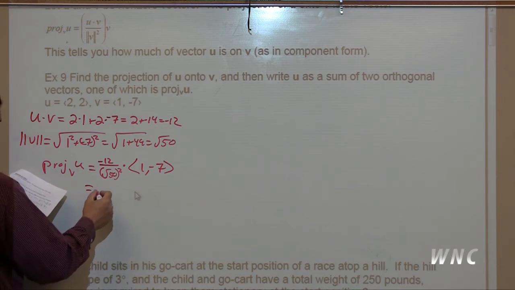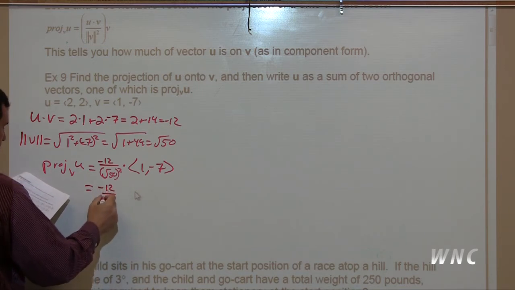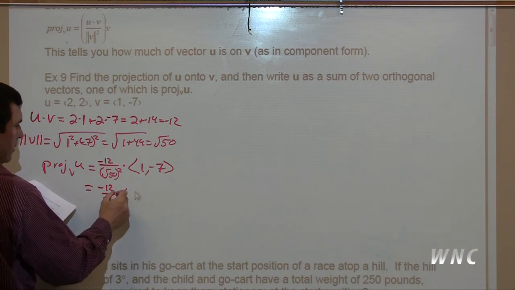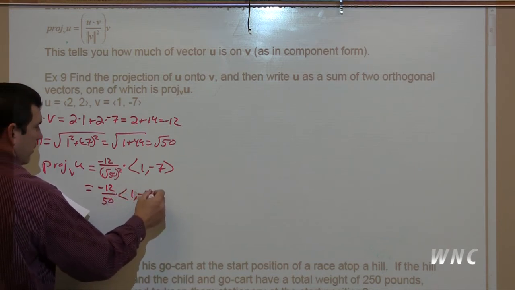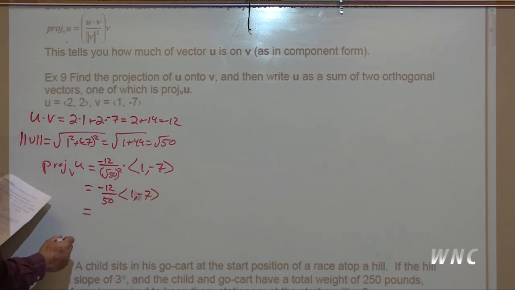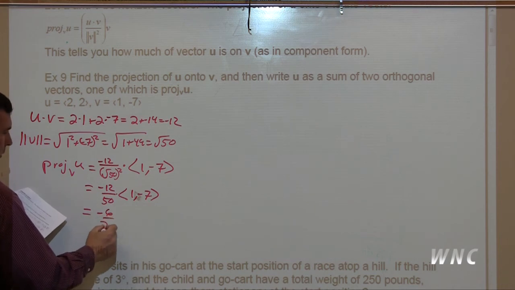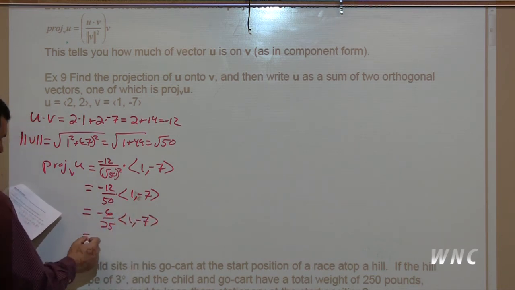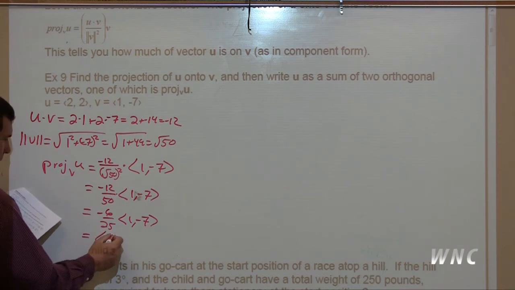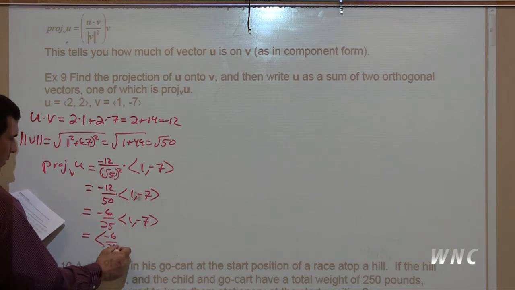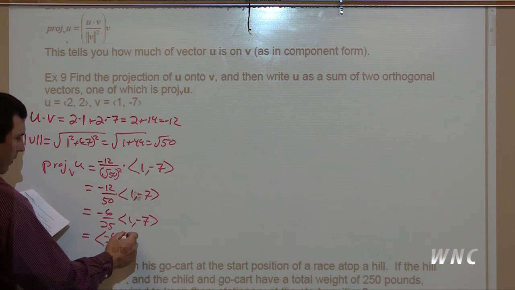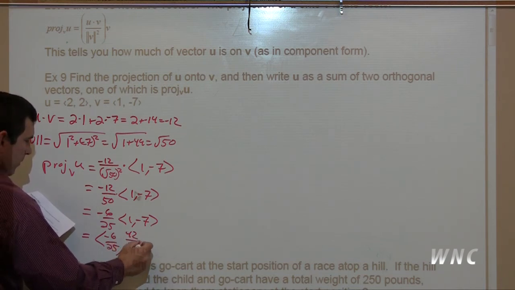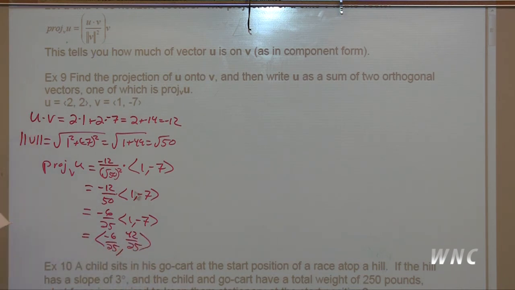So that's going to be negative 12 over 50 times 1, negative 7. That's going to be negative 6 over 25 times 1, negative 7. So as a result, it's going to be negative 6 over 25, comma, 42 over 25. So that's our projection of u onto v.